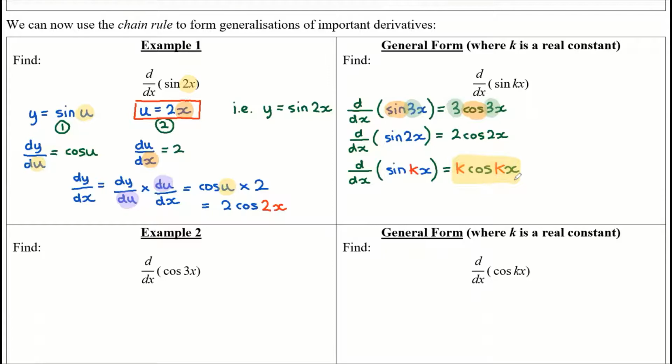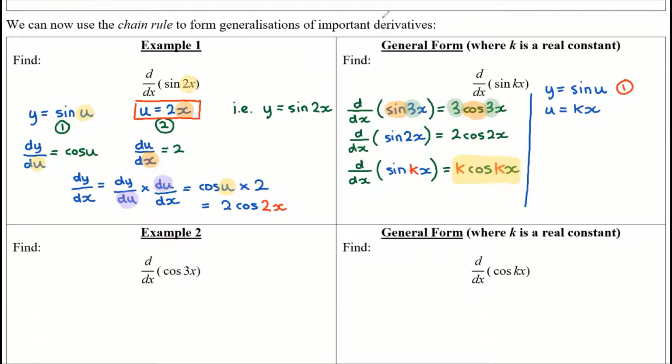All right, let's have a look at what we would get. I'll just box this off. My two functions would be y equals sine of u, which is my first function, equation 1. And then u equals kx, where k is just a constant.